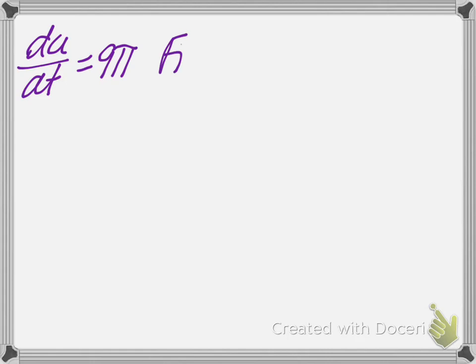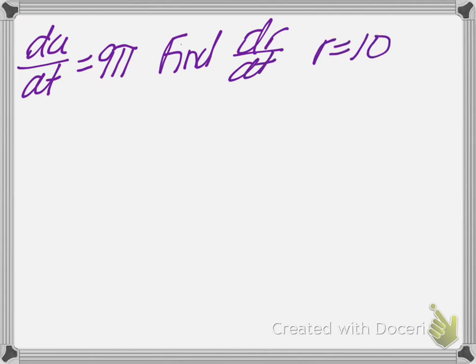Okay, number 2. So there's oil spilling. Again, we have a circle. The area increases. So it's dA over dt at a rate of 9 pi. How fast, that's your find, is the radius increasing? So we're going to look for dr over dt when the radius equals 10.